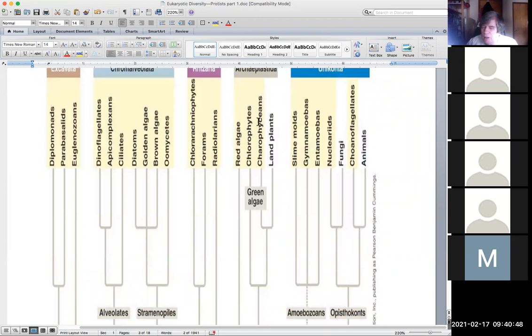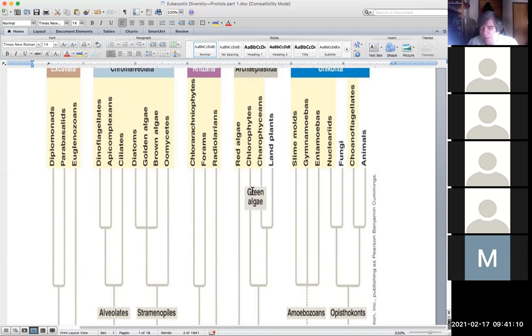Here are the chlorophytes and the charophytes. Now notice, here's our red algae over here. So the red algae branched off from the green algae, and our fourth group in this large superclade is land plants. Red algae branched off first, so they're least closely related.